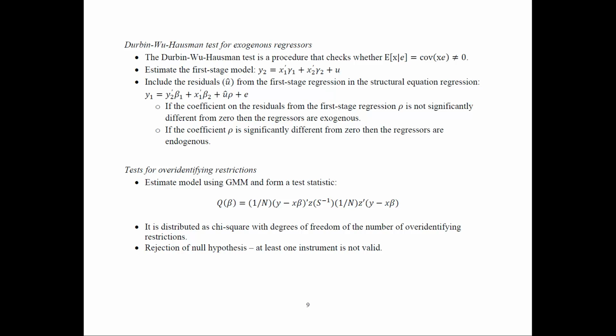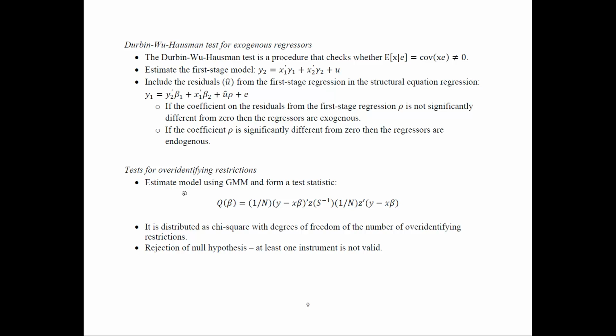So the next thing that we could check is tests for over-identifying restrictions, and this is when we have more instruments than endogenous variables. And that's hard to do, but if you have more, you're lucky. And in this case, we want to know if all of them are valid or not.